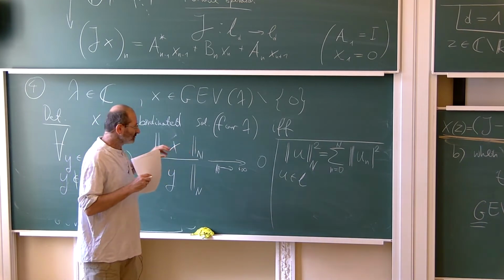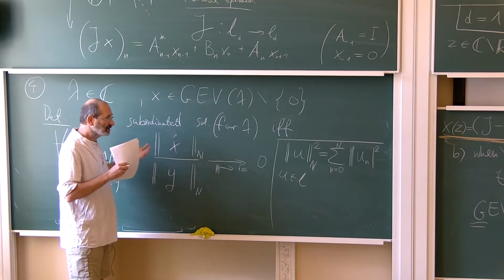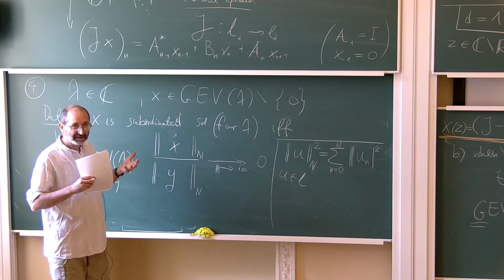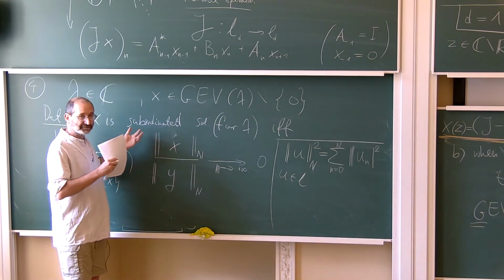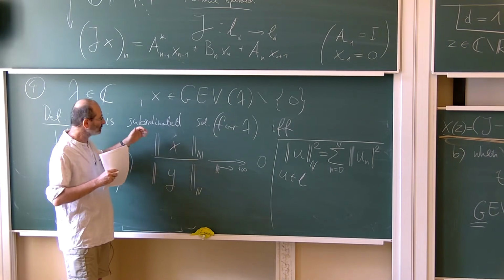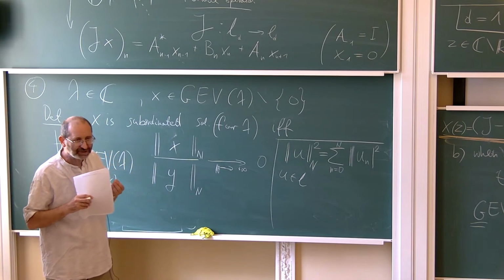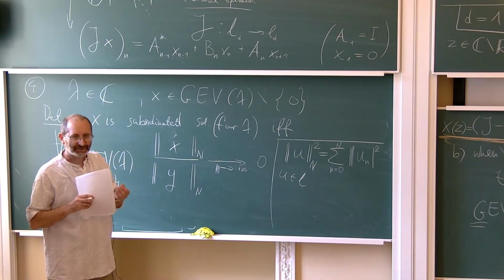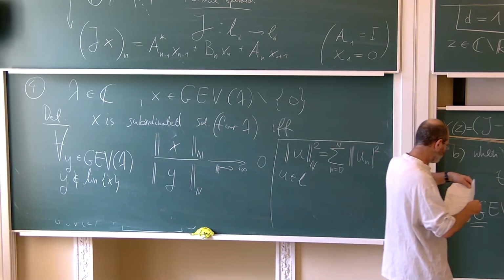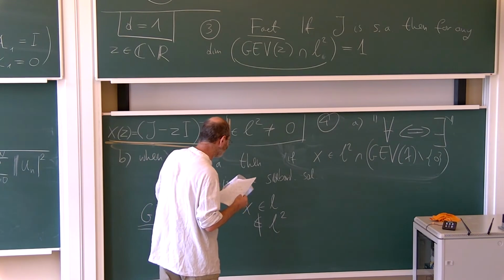It's something between the general solution, which is not very important, and a solution which belongs to L2. It's good to think about the subordinated solutions as something which is near to an L2 solution. Okay, so this is just the definition and the property.